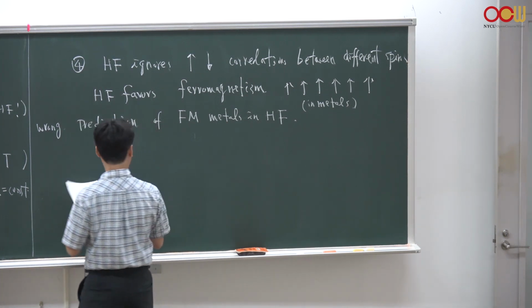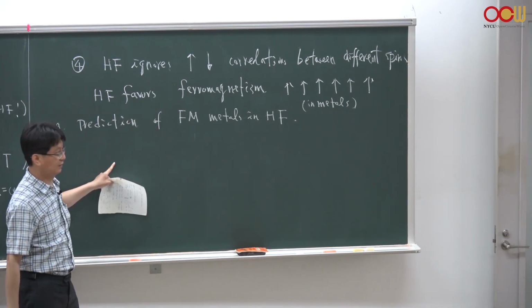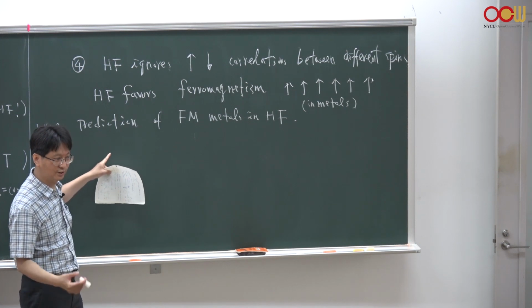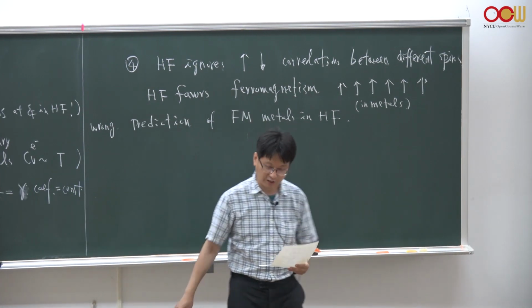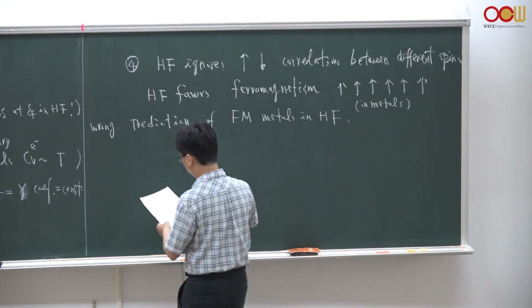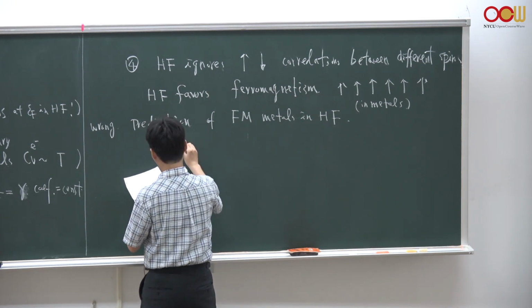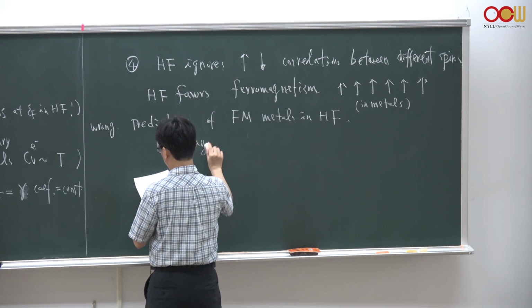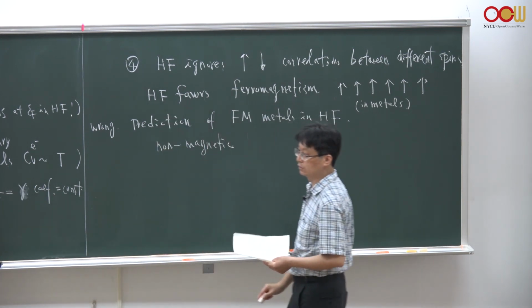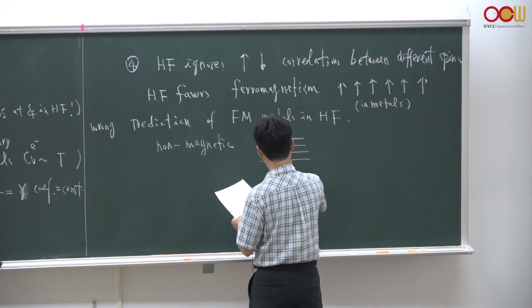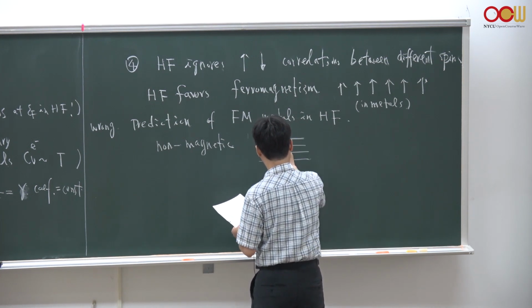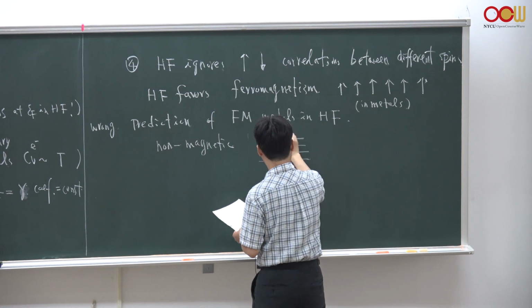So you are about to see that this kind of prediction is reasonable. Of course this is wrong, but it is reasonable within the Hartree-Fock language. So suppose we consider two situations. The first is that the metals are non-magnetic, meaning all the states or energy levels for those electrons are already doubly occupied.